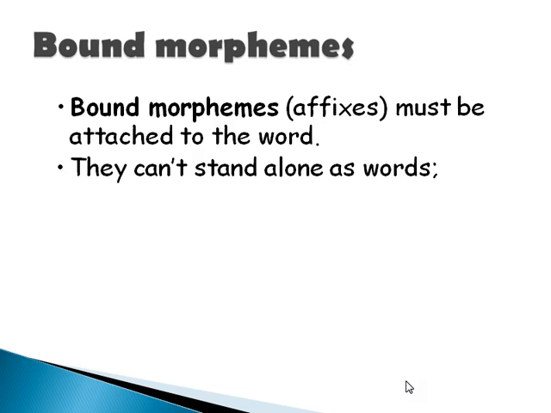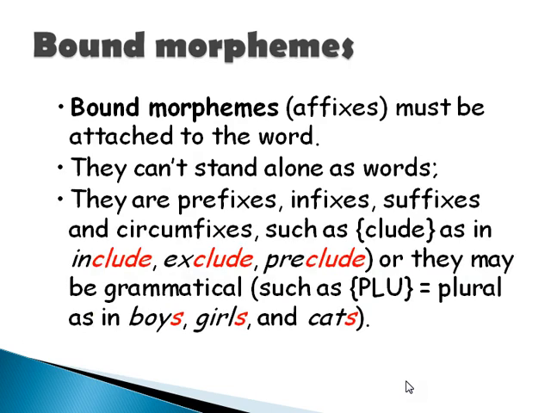Bound morphemes can't stand alone as words. They are the prefixes, the infixes, the suffixes, and the circumfixes. Forget about the infixes and the circumfixes, because the English language, thank God, doesn't have such a thing.